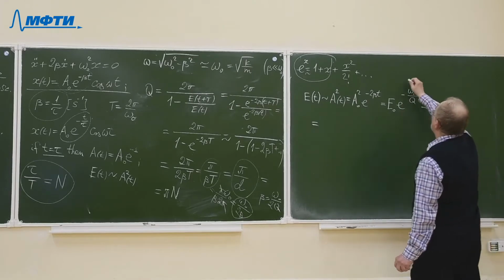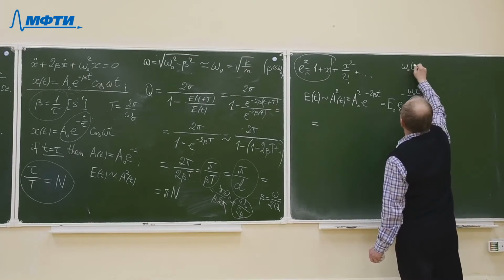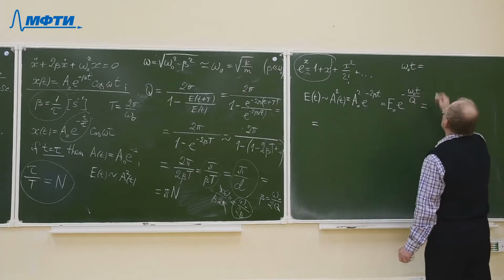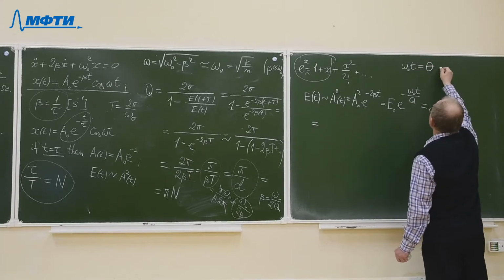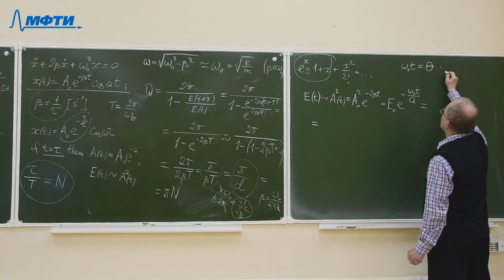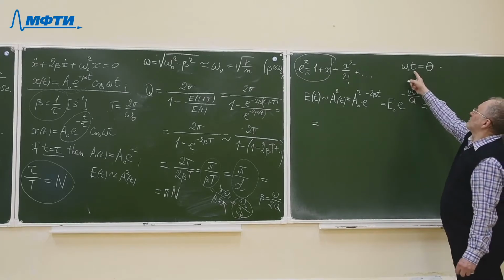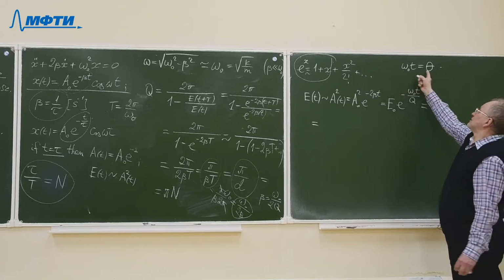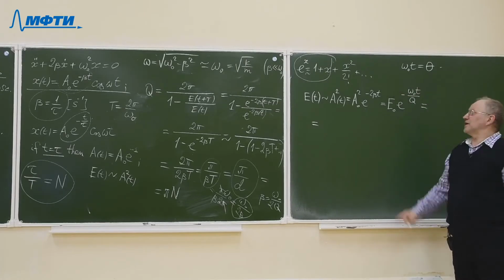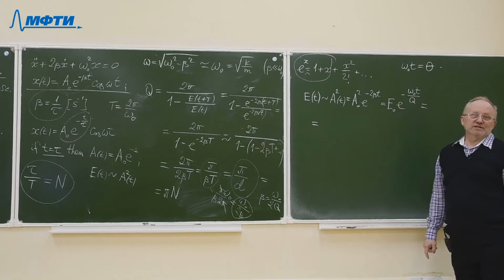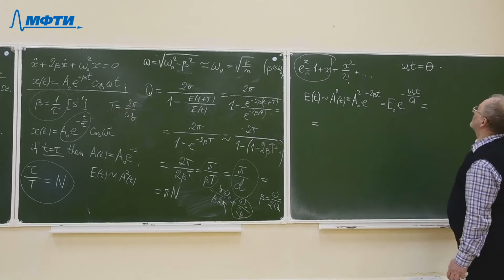This quantity omega 0 time is sometimes denoted by theta and called dimensionless time. So this is time when we multiply it by omega 0. That is a dimensionless quantity, which is proportional to time.